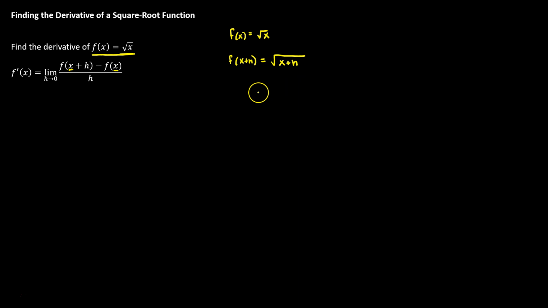And then our difference quotient, the thing that we're going to take the limit of, would look like the square root of x plus h minus the square root of x, all divided by h, and we're going to allow the limit of h to go to 0. So whatever comes out of this, once we're done simplifying, that would be our derivative function.